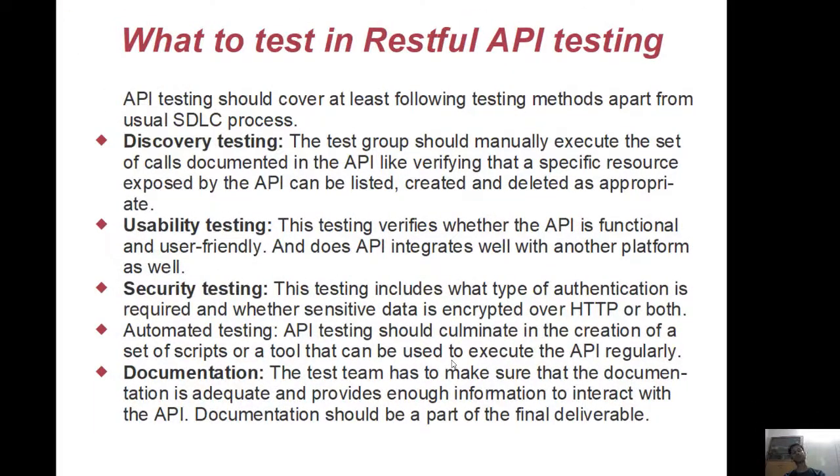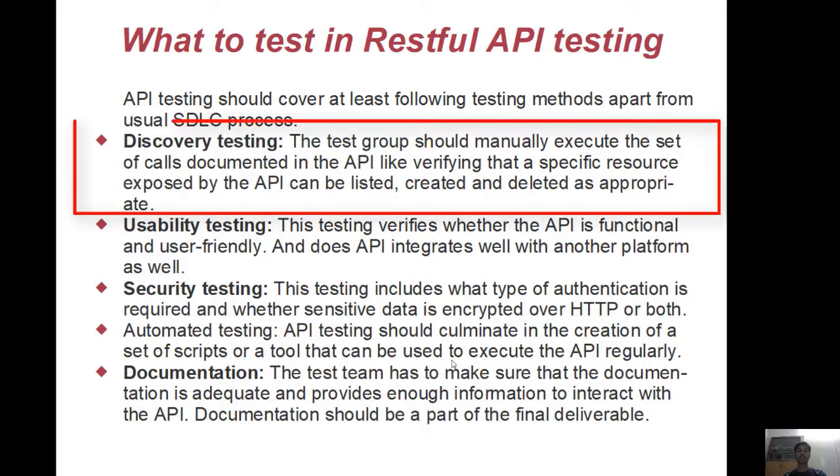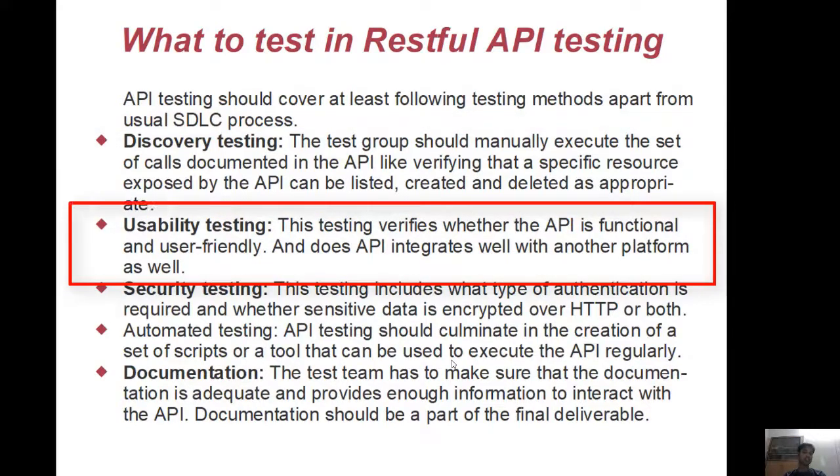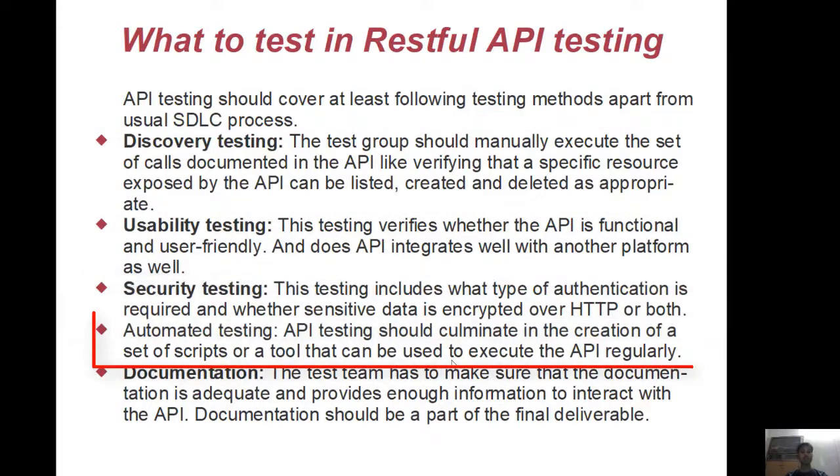What is testing in RESTful API testing? There are five major points covered on top of the SDLC process. An API should be covered by at least the following testing methods apart from the usual SDLC process: discovery testing, usability testing, security testing, automated testing, and documentation testing.